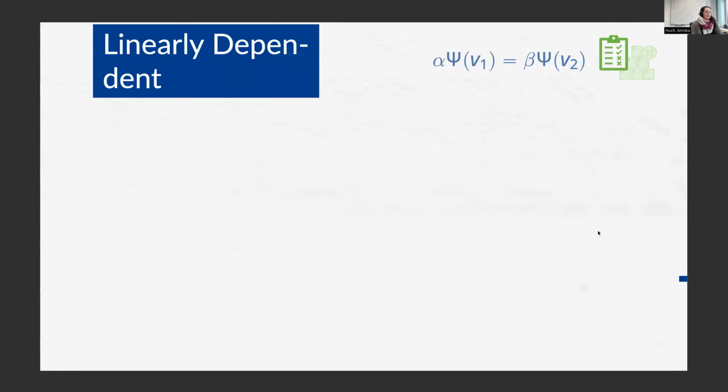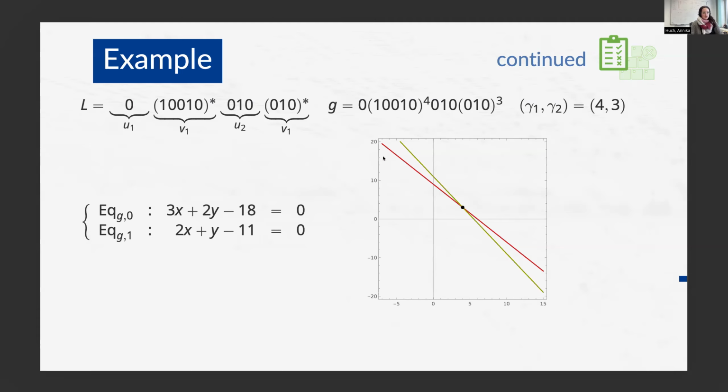But the problematic case is now if those two are linearly dependent, because what does it mean? It means that our two equations are equivalent. So they are representing the same line. Let me go back to this coordinate system if we are plotting them, because they cannot be parallel, because we know that the guess word is from this polynomial regular language.